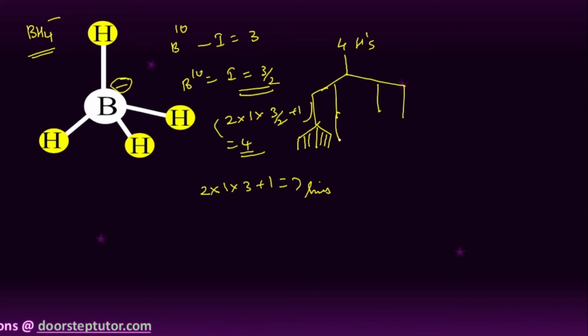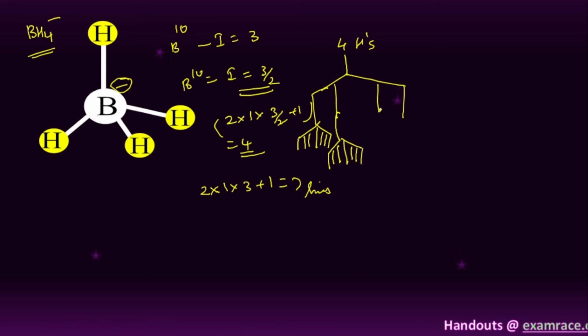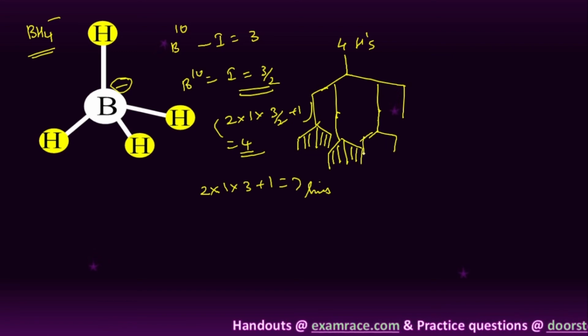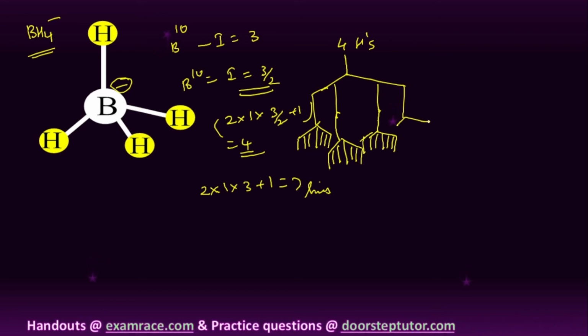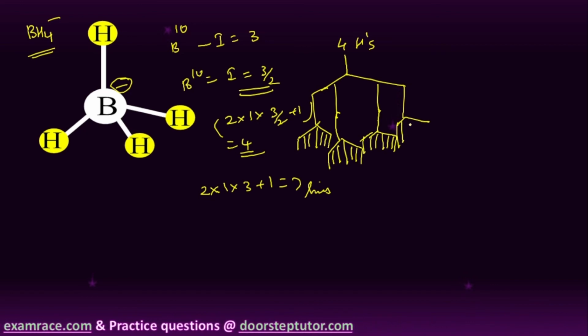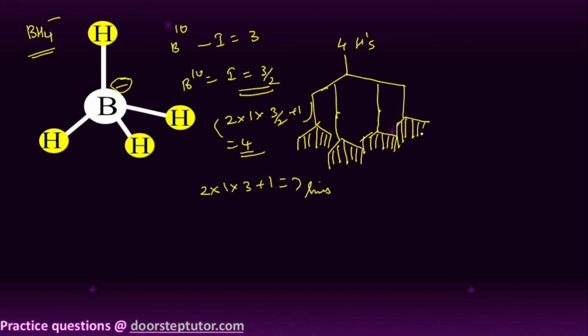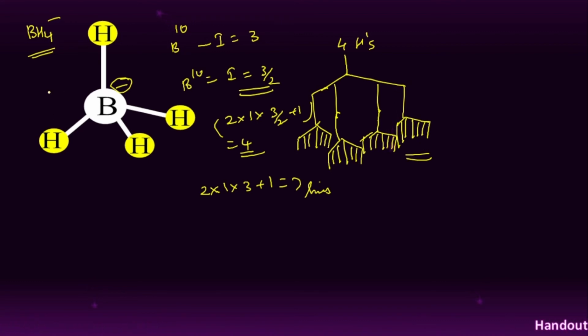This line also splits into 7, this line also splits into a heptet, and each single line is further split into a heptet. So this is the proton NMR spectroscopy of the BH4 minus molecule, students.